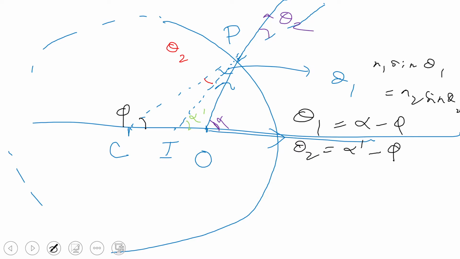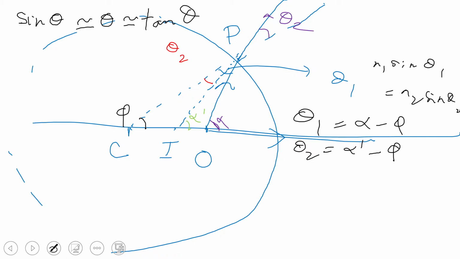If I plug these in and make the small angle approximation, sine theta is almost equal to theta for small angles, which is almost equal to tan theta, because tan theta is sine by cosine, and for small angles cosine is almost 1.